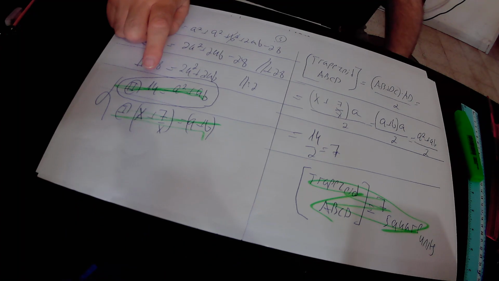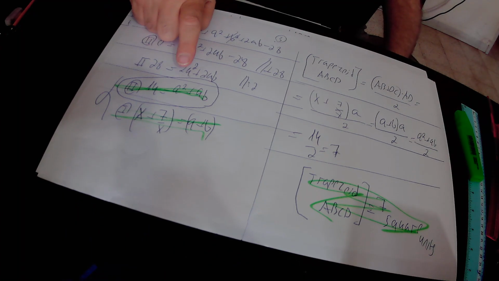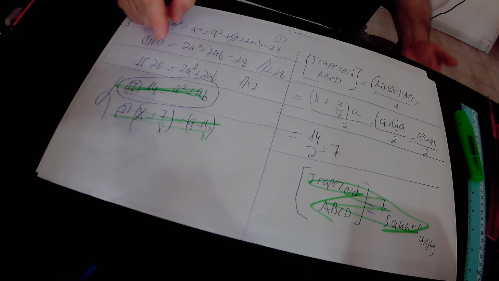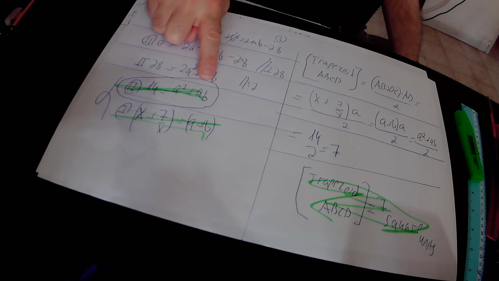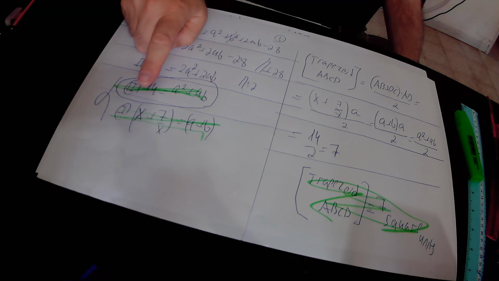So 28 over 2 is 14, 2a squared over 2 is a squared, plus 2ab over 2 is ab. So in total, according to equation 2, 14 equals a squared plus ab. But according to equation 1, we have already found out that x plus 7 over x equals a plus b. So we have here those two equations.